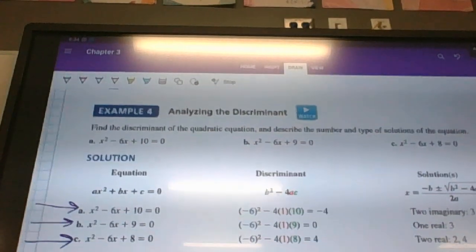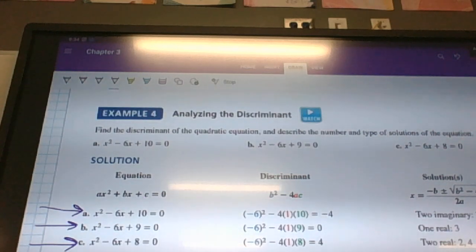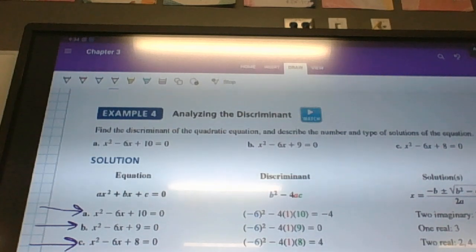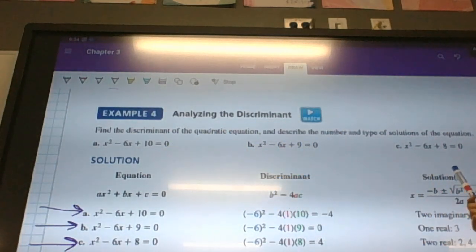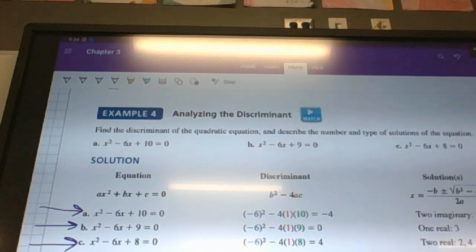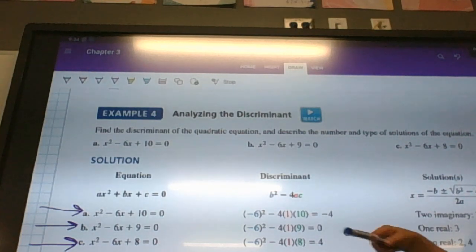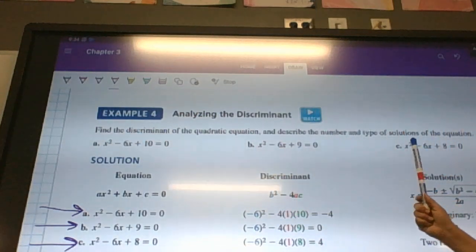Okay, and then here's a great example. When you look at A, B, and C, there's not a whole lot of difference between the equations. In fact, every number is the same in these 3 problems besides which one? Which one's different? Here, A is 1, A is 1, A is 1.